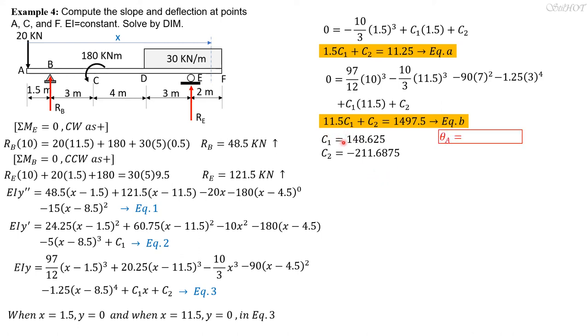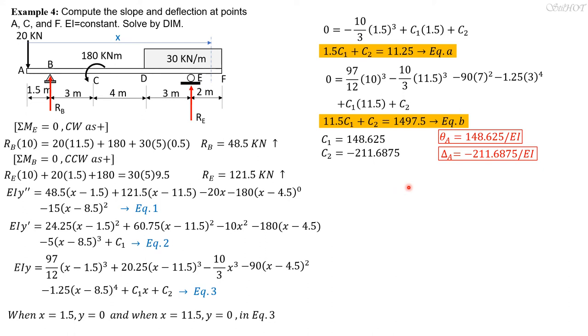Remember, c sub 1 is theta A, so 148.625 over EI, and delta A is negative 211.6875 over EI. You may express your answer as 148.6, rounded off to 4 significant figures, and negative 211.7 over EI for delta A.